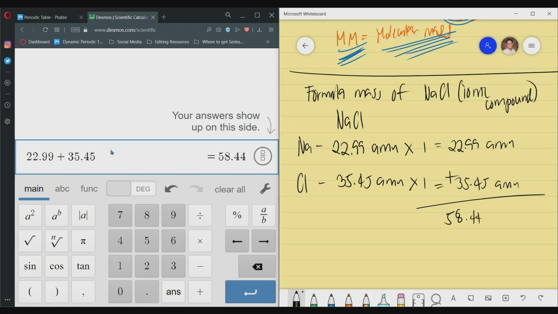Again, do not forget to apply the rules in measurement. Since the last operation was addition, my final answer should be rounded off to the least decimal place. The least decimal place among the factors that I've added is 2 decimal places, so that is why my answer is also in 2 decimal places. All right.